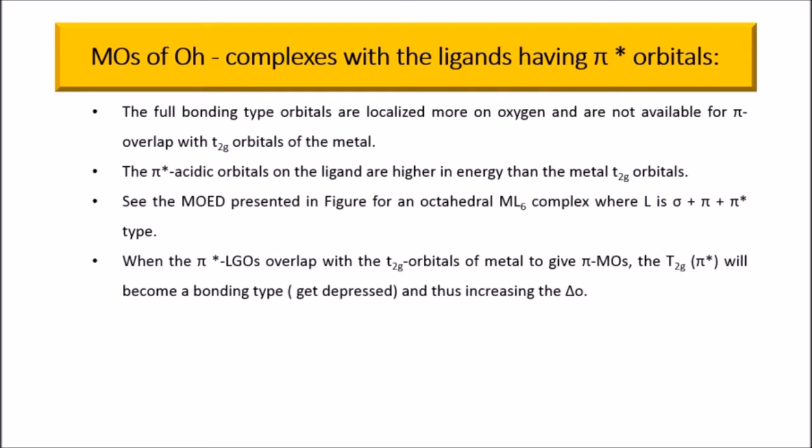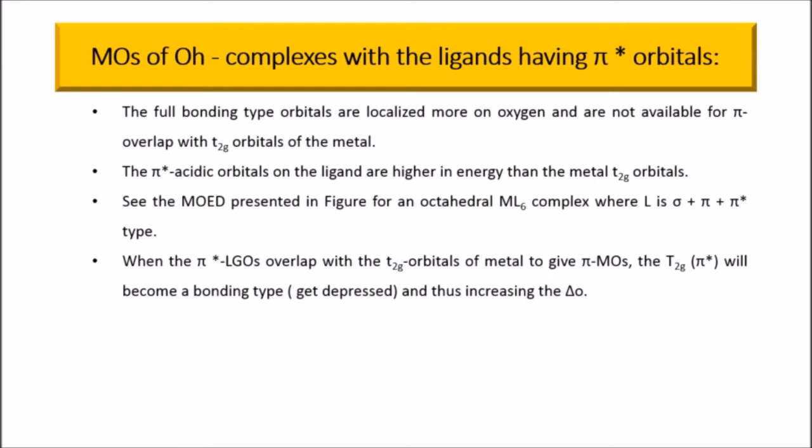When the pi star ligand group orbitals overlap with the filled t2g orbital of the metal to give pi MO, the t2g will become a bonding type, get depressed, and thus increase delta O. It means the splitting energy is going to be the highest in comparison with the earlier two interactions, where only sigma donation and pi donation are concerned.